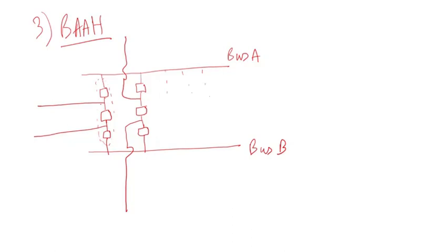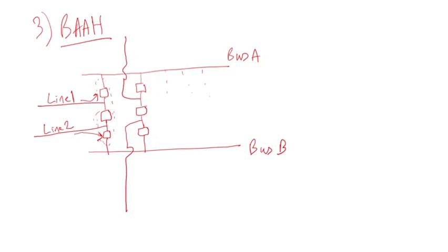The reason it's called a breaker and a half: let's call this line 1 and this line 2, to represent the terminology. Line 1 has its dedicated breaker, and line 2 has its dedicated breaker, but then there's an extra breaker shared between the 2.